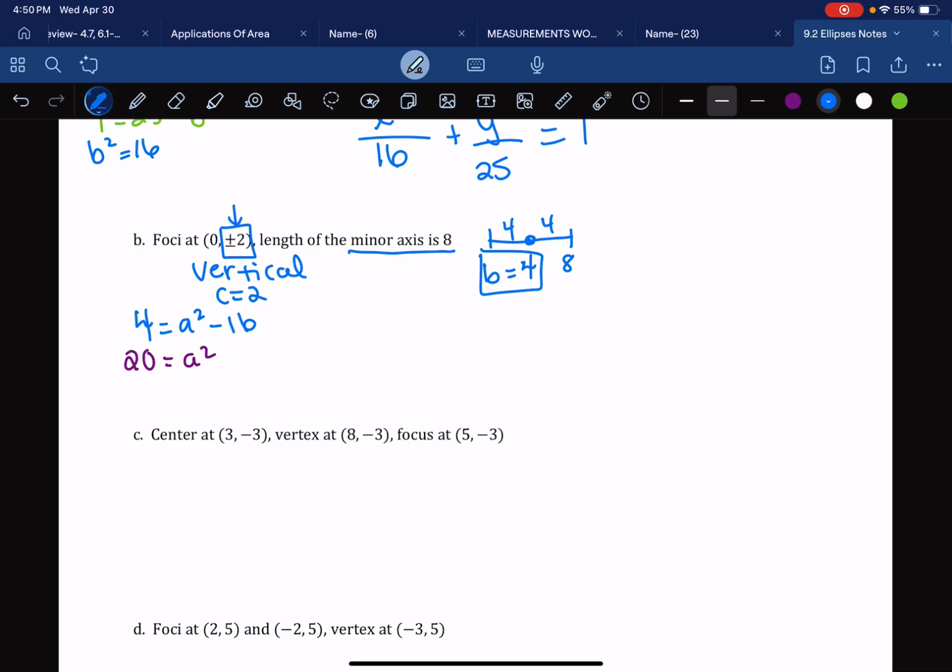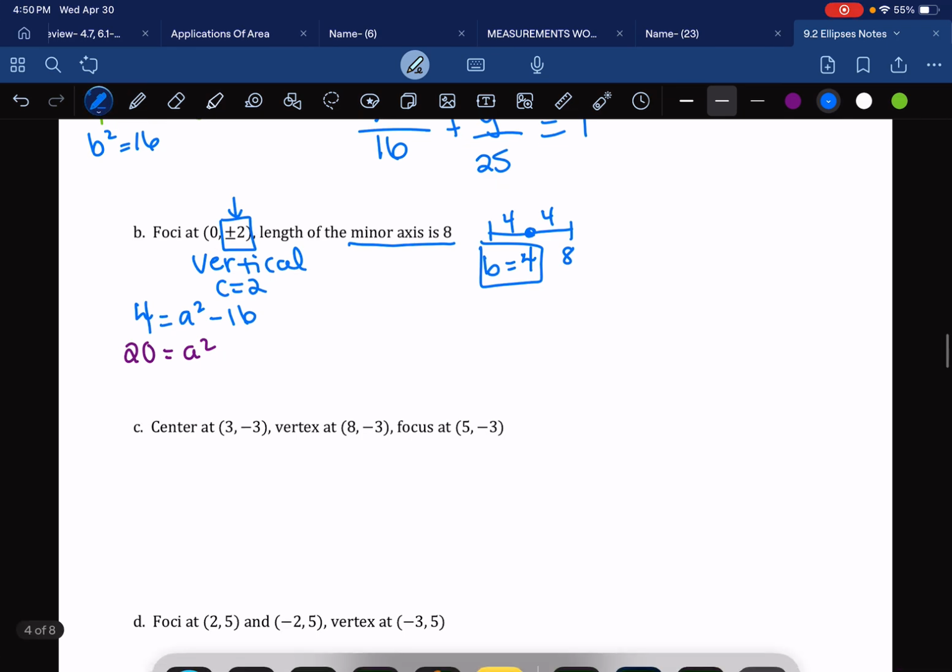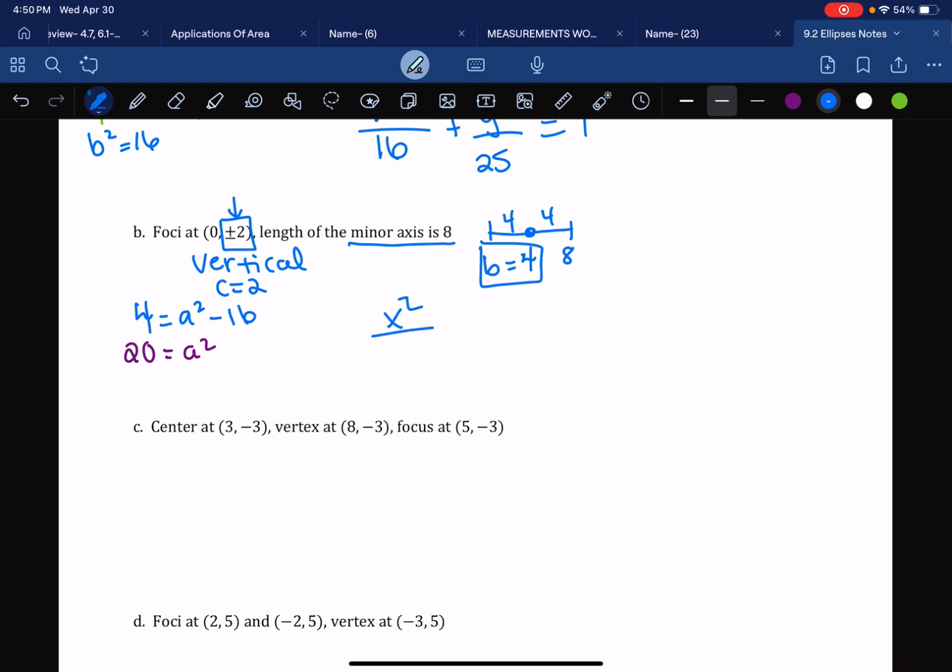Since this says plus or minus 2, that lets me know that the center was 0. So that means nothing is added or subtracted to our x or our y. B squared is 16, plus 20, equals 1.